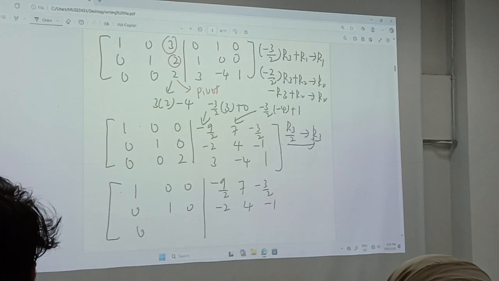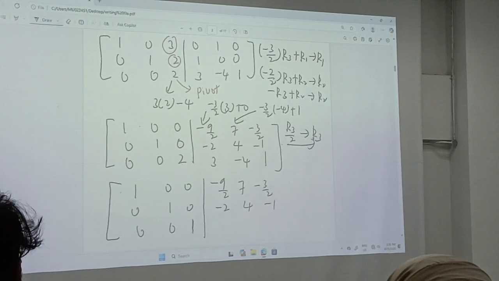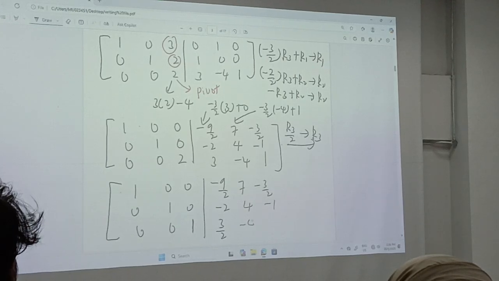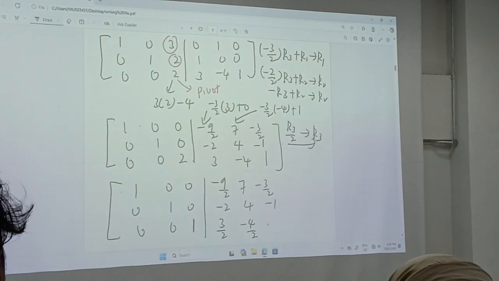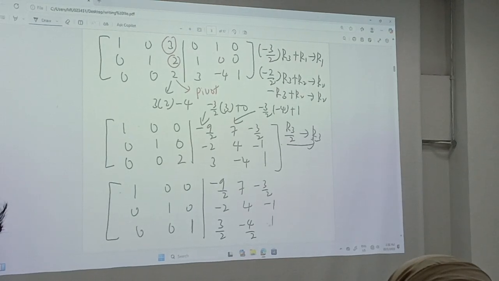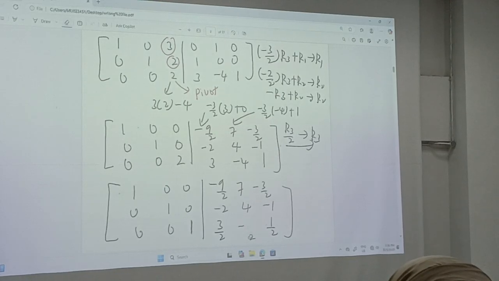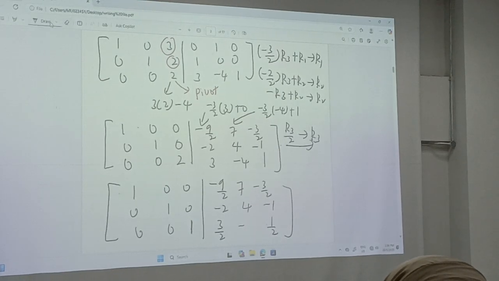So as a result, here will be 1. Here will be 3 divided by 2, negative 4 divided by 2, 1 divided by 2. So negative 4 divided by 2 will be negative 2, right?